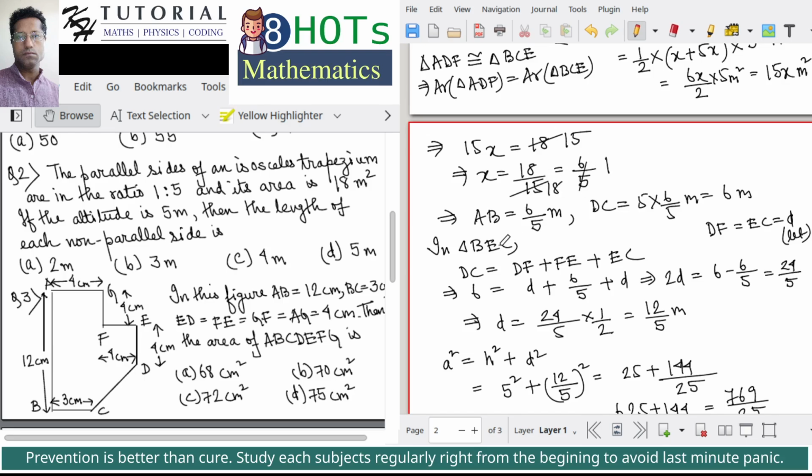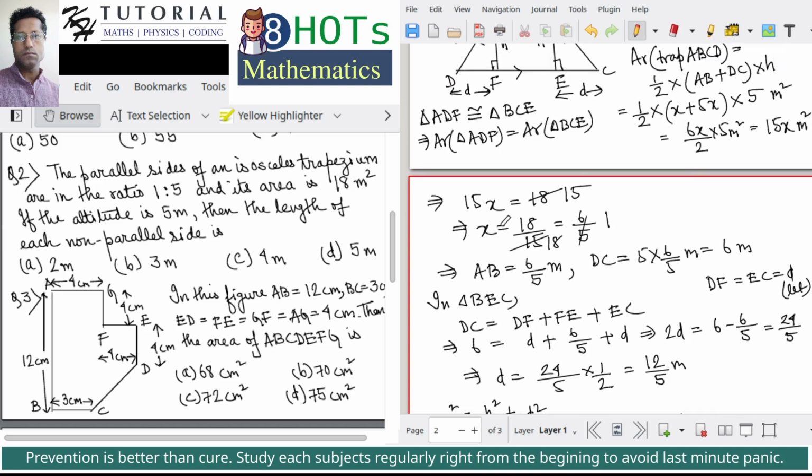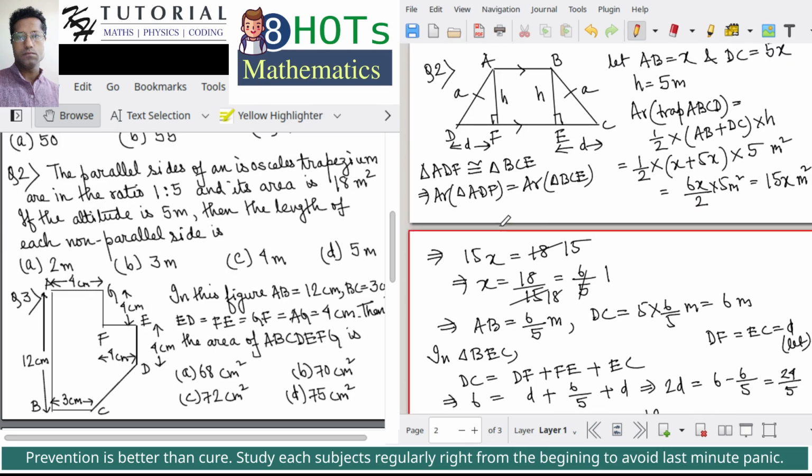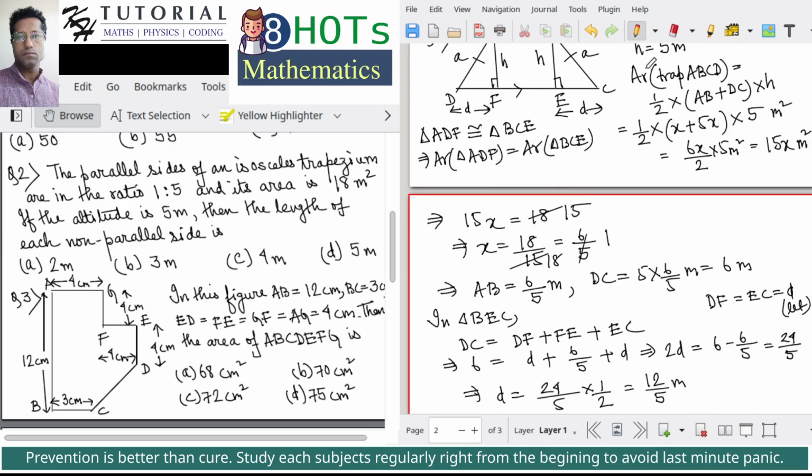So this will imply that AB will be x, AB will be 1 meter, and DC will be 5 meter.